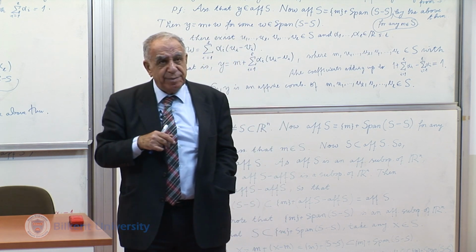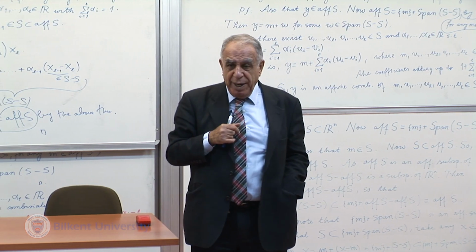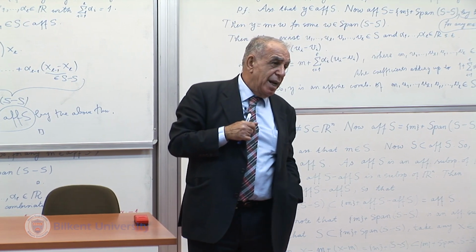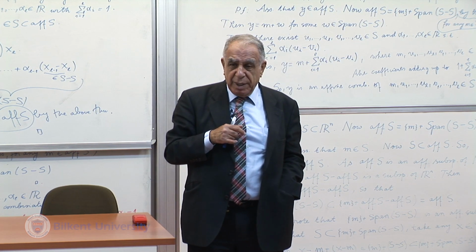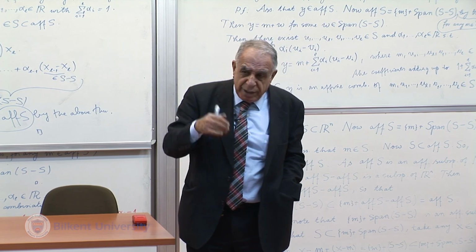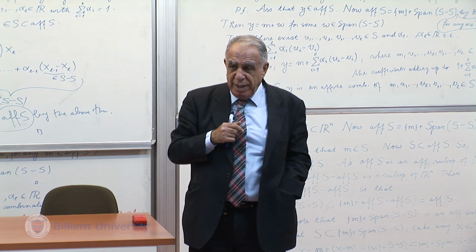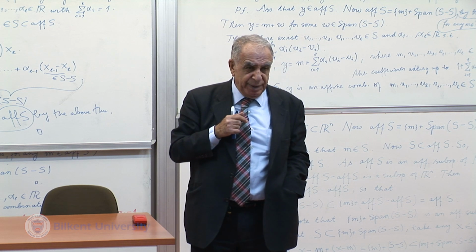Well, next, we have in R3, neither a line nor a point separates the space. What separates it is a plane, which is a two-dimensional affine subspace. Again, 2 is 1 less than 3.